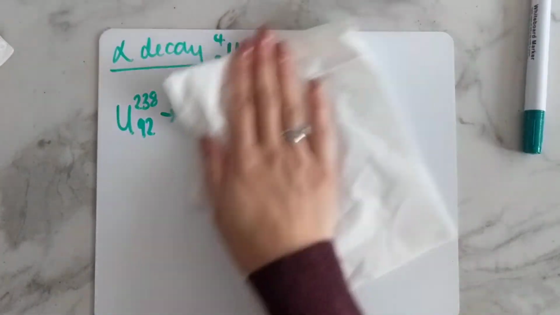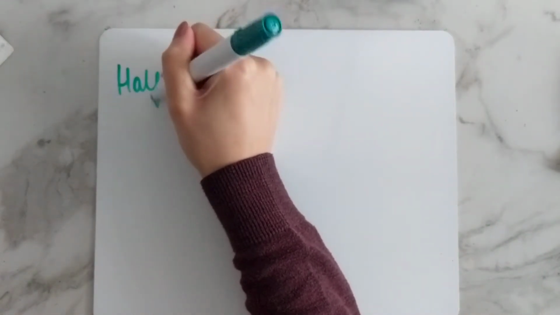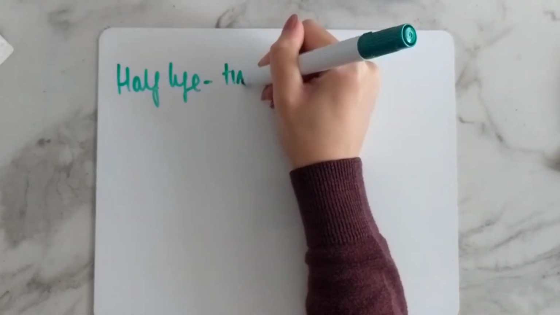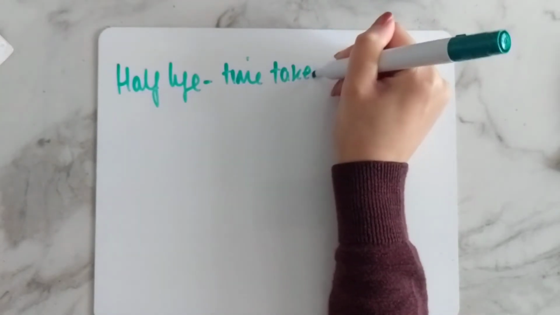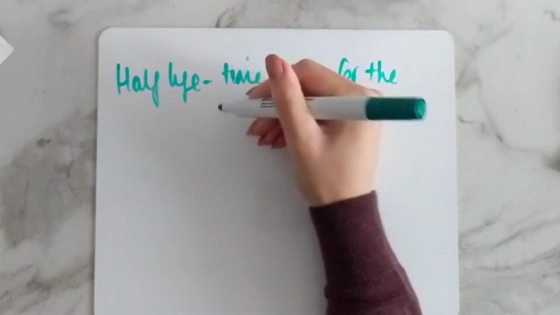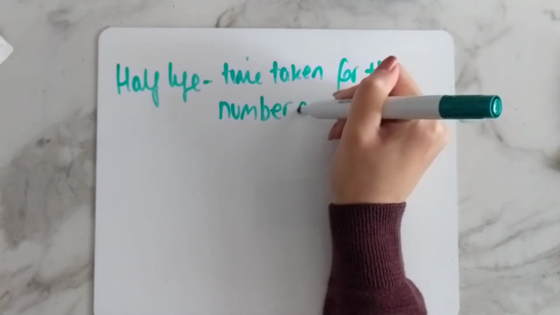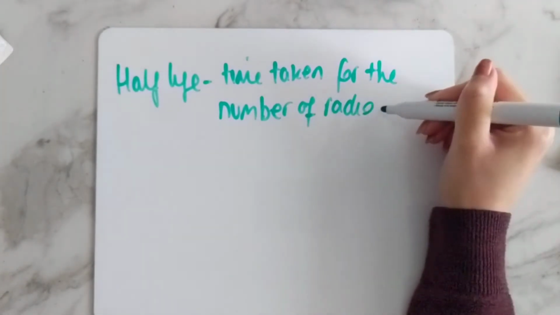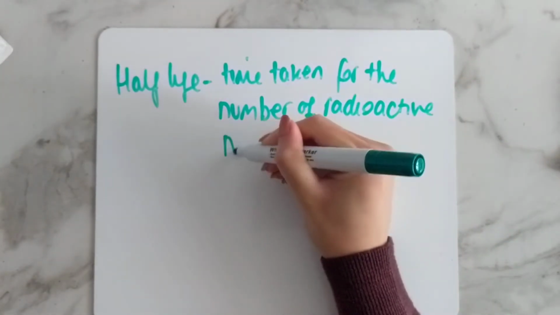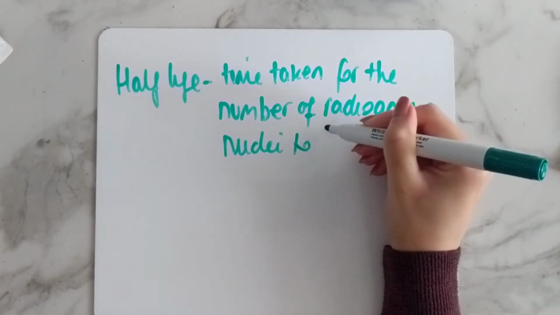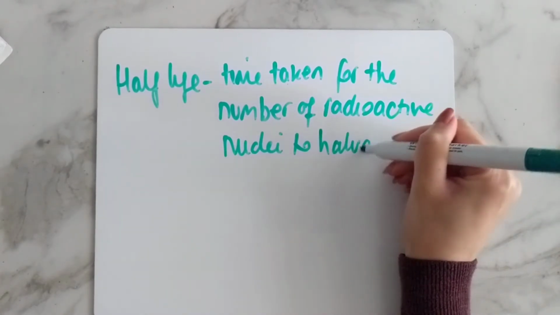Now, let's have a look at half-life. So half-life, sometimes you might be given a graph, sometimes you might be given just a worded question. And half-life is basically the time taken for the number of radioactive nuclei to halve in an isotope.